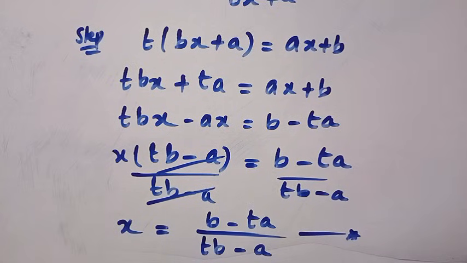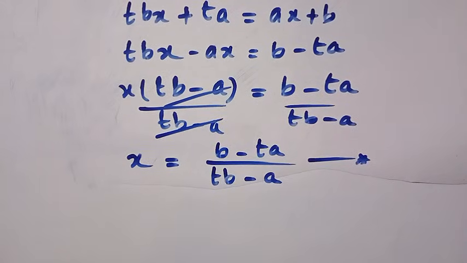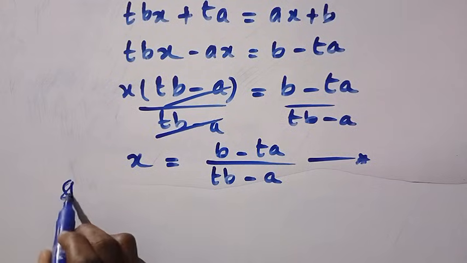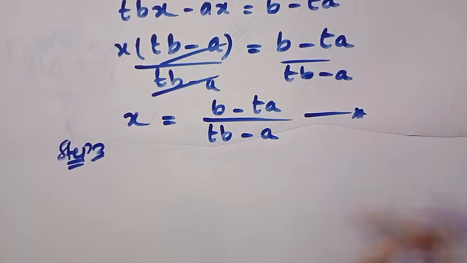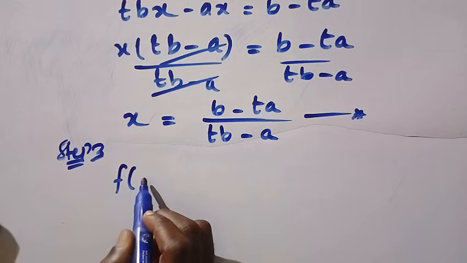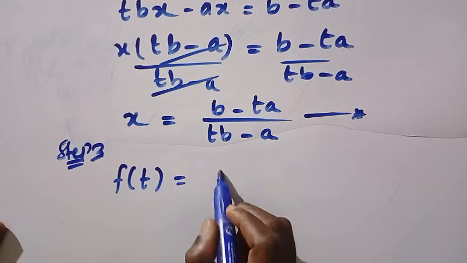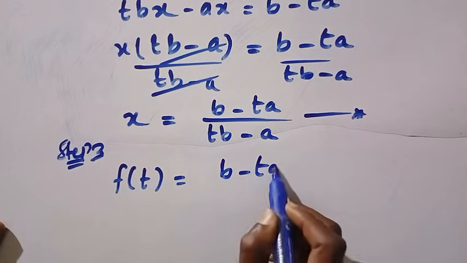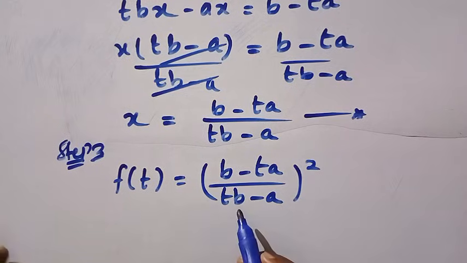And next, as step 3, we're going to substitute this x into x squared. So we have f of t equals, instead of x squared, we change it to ((b minus ta) divided by (tb minus a)) all raised to the power of 2.